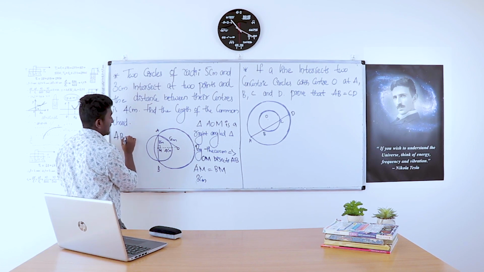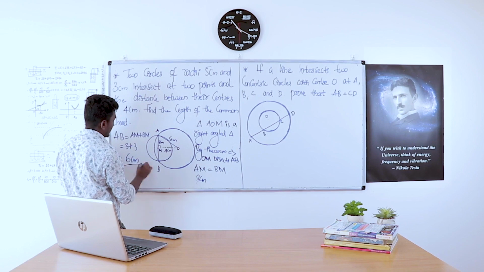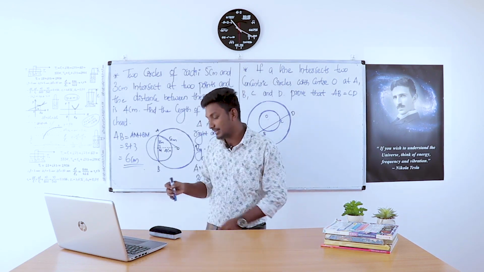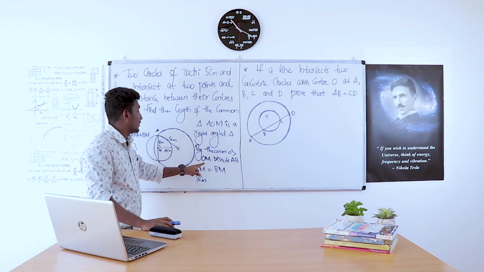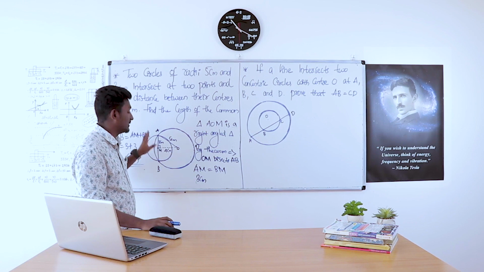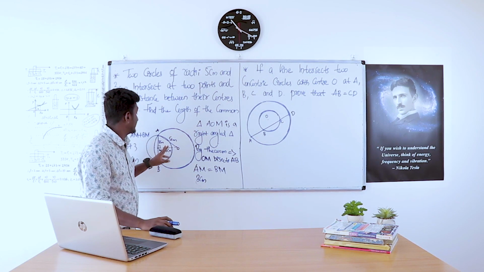So, AB is equal to AM plus BM, that is 3 plus 3, which is 6 centimeter. Here we know that OM bisects AB, which means AM is equal to BM. AM is given as 3 centimeter.